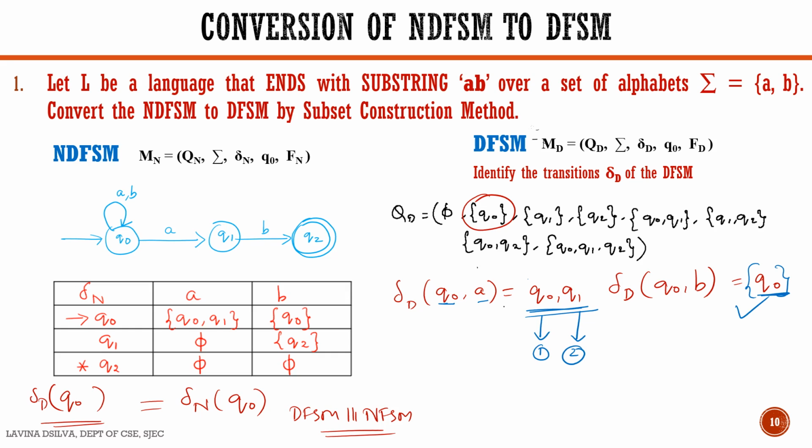Therefore, what we do is we consider Q0 and Q1 together as our new state in DFSM. Anyway, this state Q0 and Q1 is present, therefore we can consider Q0 and Q1 as the new state which is defined.